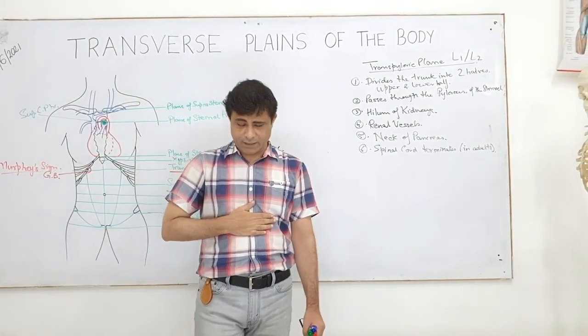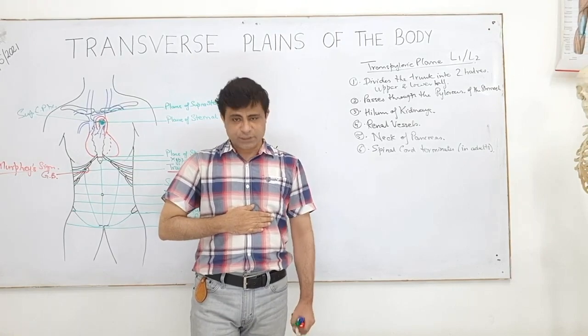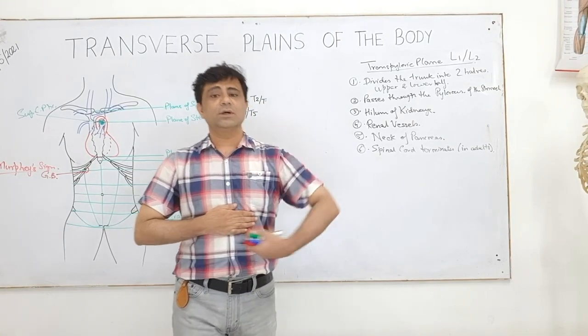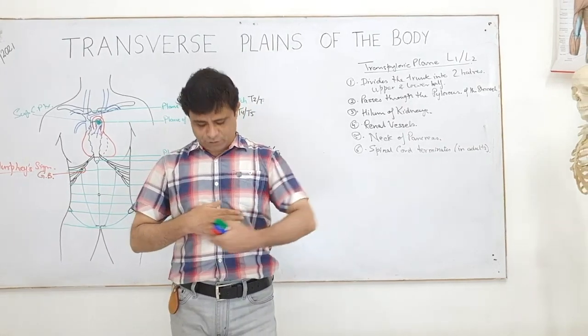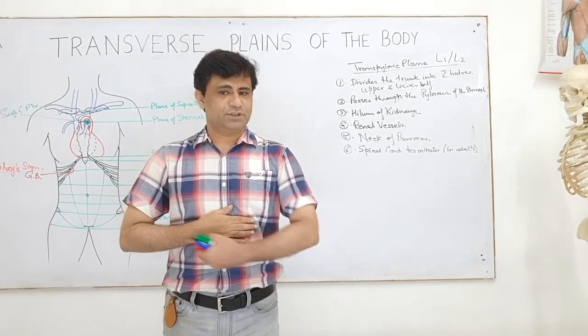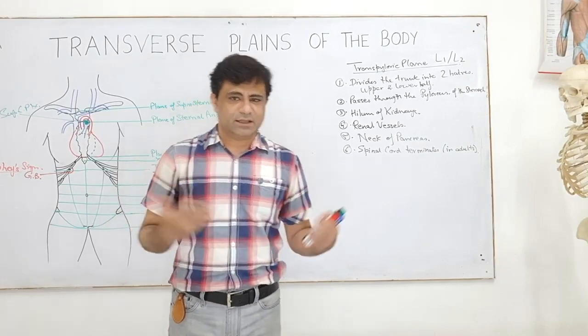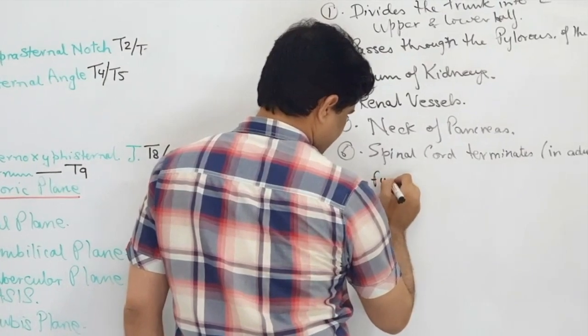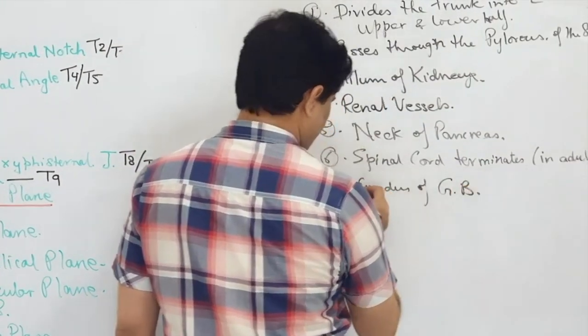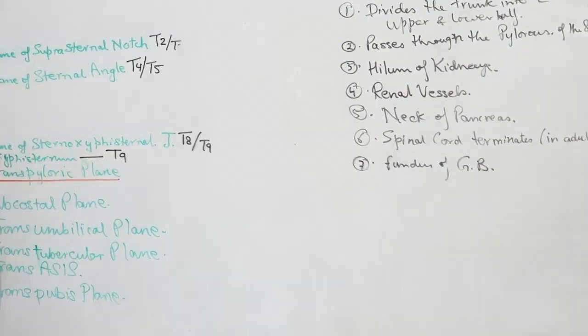You keep your hand here, a hand's breadth below this symphysis, and you can mark down the surface. This is also a portion of the surface anatomy. So keeping your hand's breadth below the symphysis, you can draw a line, and that's the transpyloric plane. So you can add here that the fundus of the gallbladder you will find in this transpyloric plane.